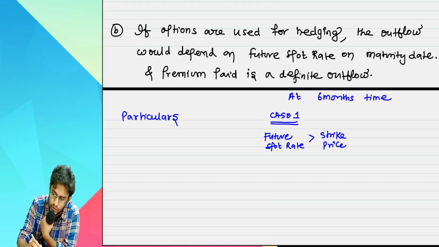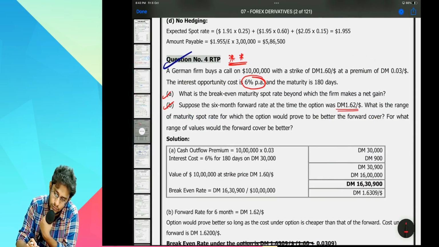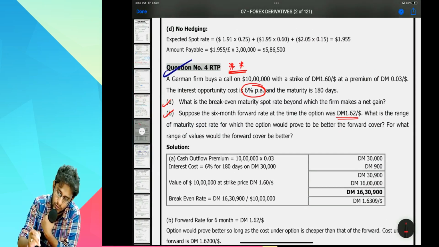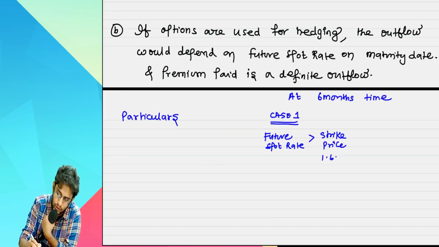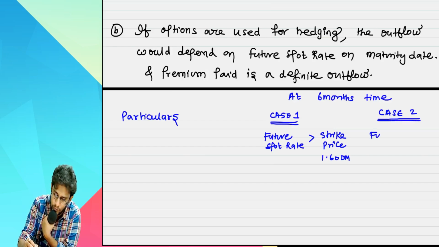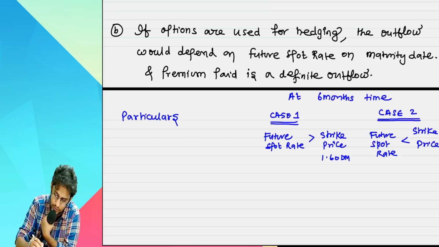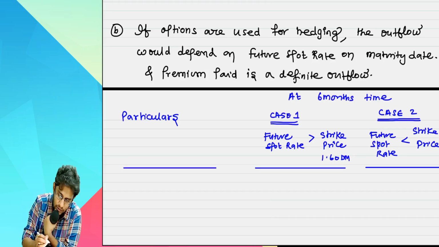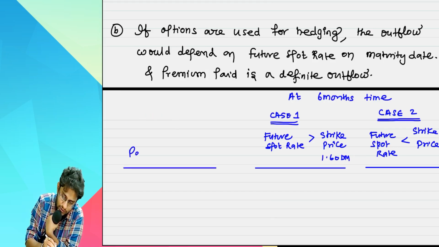What is the strike price given in the question? 1.62 no, 1.60. The forward rate is 1.62 DM. This is case 1. Case 2. Your future spot rate is some rate which is less than the strike price. 2 cases I will take and I'll see how the analysis will work in options hedging.